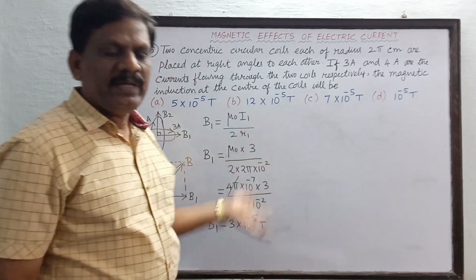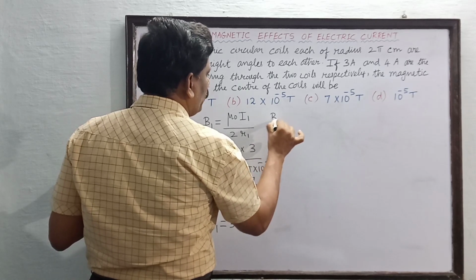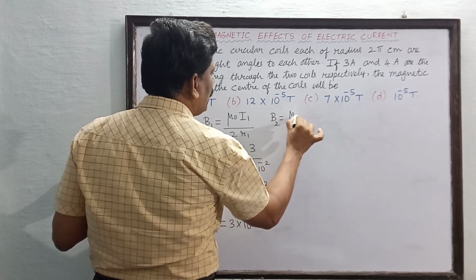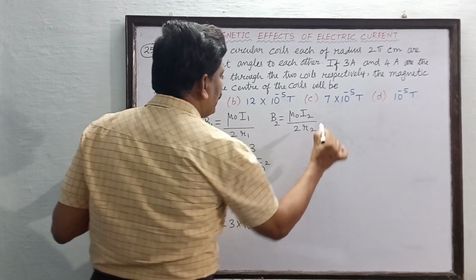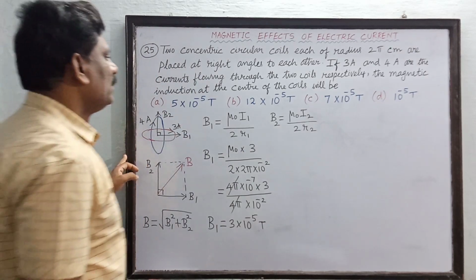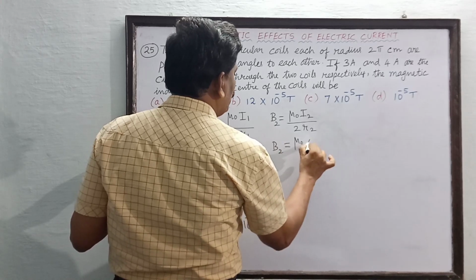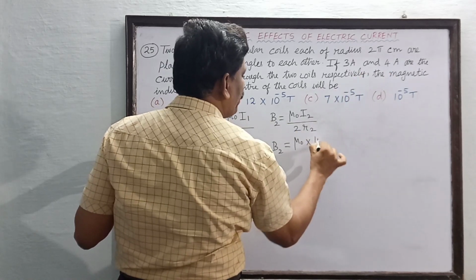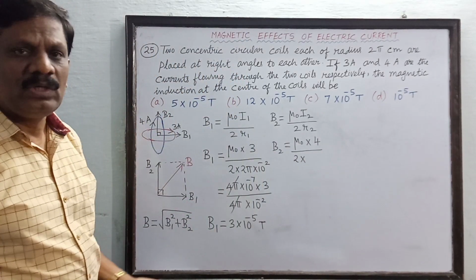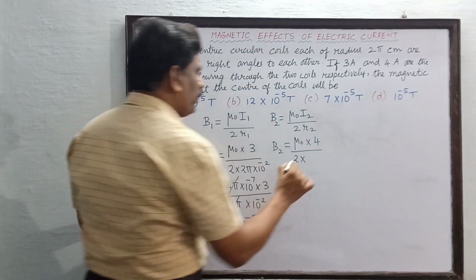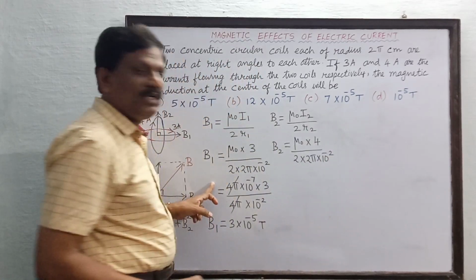Similarly, we derive an expression for B2. The magnetic field B2 is equal to μ0 into the current I2 divided by 2 into radius R2. This is equal to μ0 into the current flowing through the second coil, 4 ampere, divided by 2 into the radius of the second coil, also 2π centimeter, so 2π into 10 to the power minus 2.